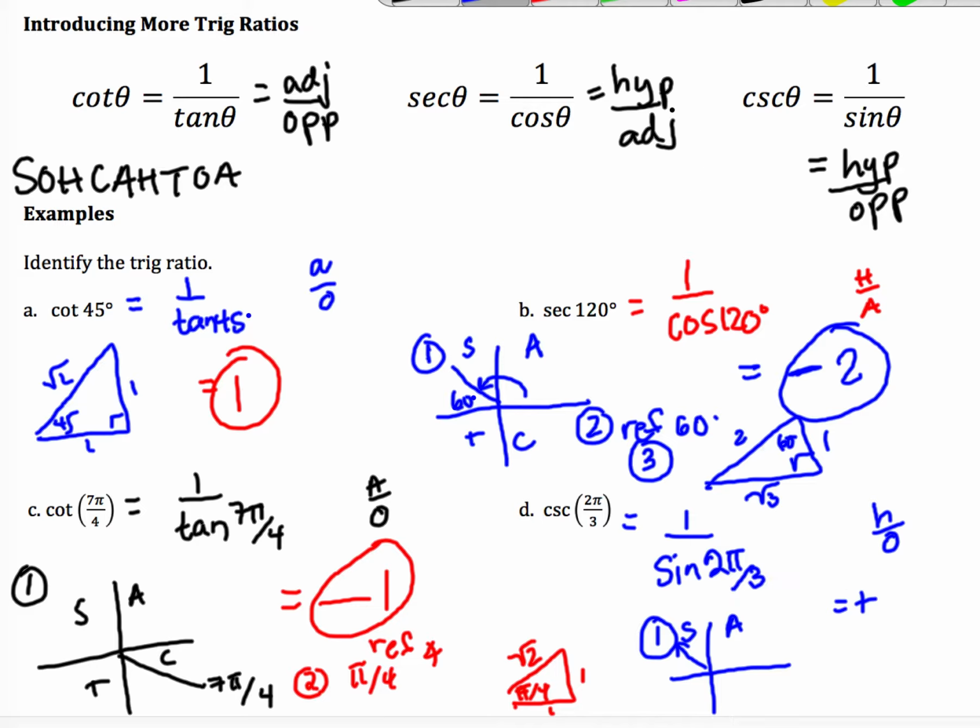Then we need to find our reference angle. Trying to switch the colors, the reference angle is pi by 3, which comes from our 30, 60, 90. Pi by 3 is the larger one, and since we're looking at hypotenuse, that would be 2 over our opposite, which is root 3.